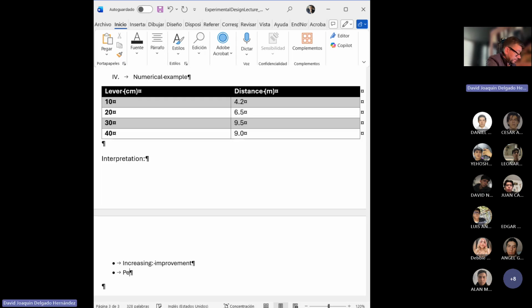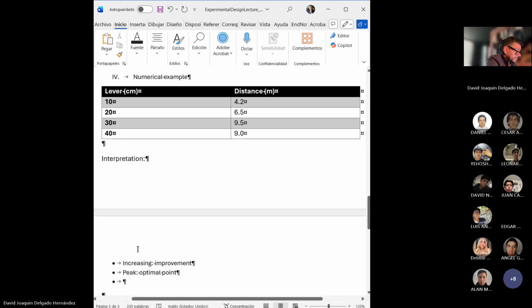But there is a peak, there is a maximum. The peak is the optimal point. And then when decreasing, you have inefficiency.